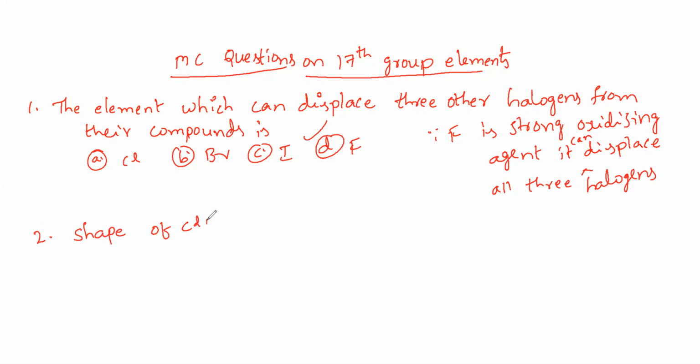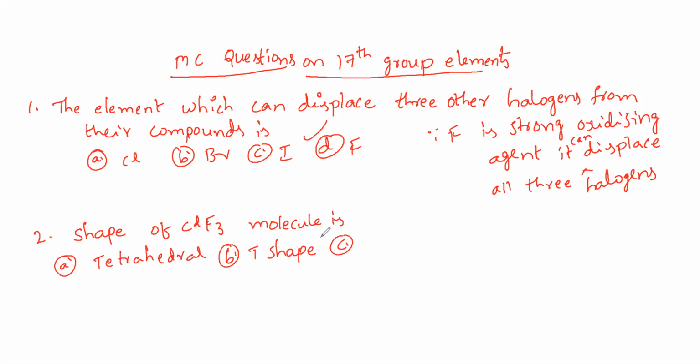The shape of ClF3 molecule is: option one, tetrahedral; option two, T shape; option three, linear; and option four, trigonal planar.